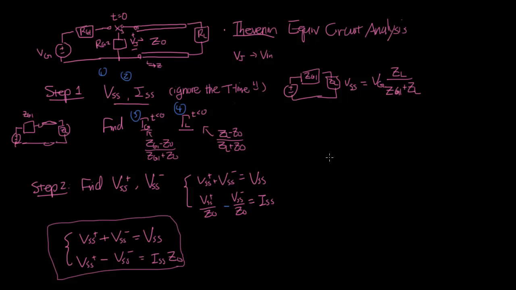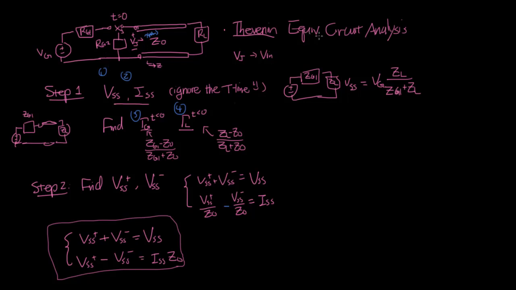Now, since this is where the Thevenin circuit analysis approach deviates from the reflection coefficient approach, I think it's a good time to highlight what the difference between these two approaches are. So the end goal is to figure out what new wave ends up going that way into the circuit as a result of whatever change is happening over here.